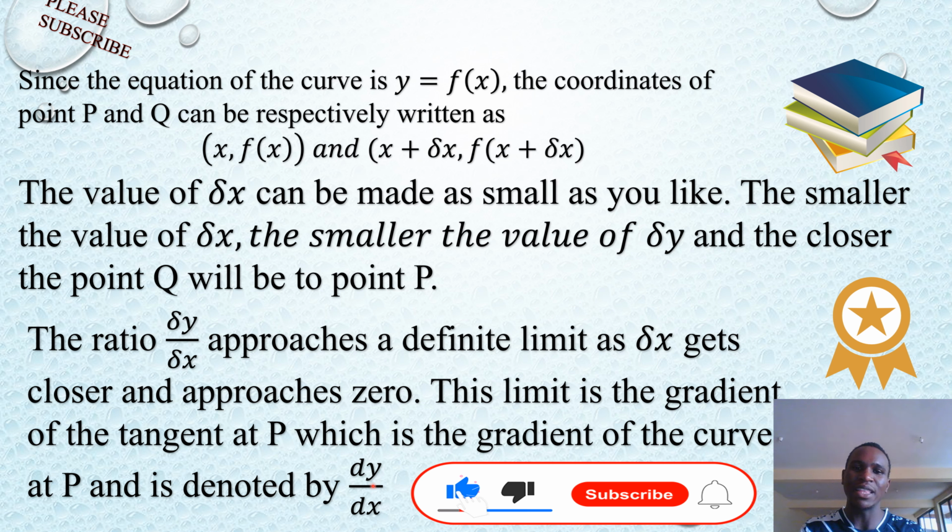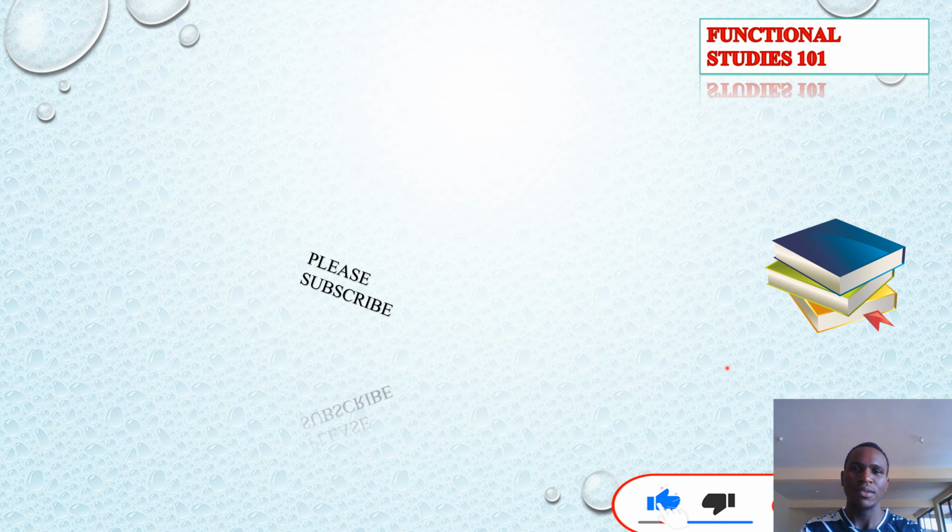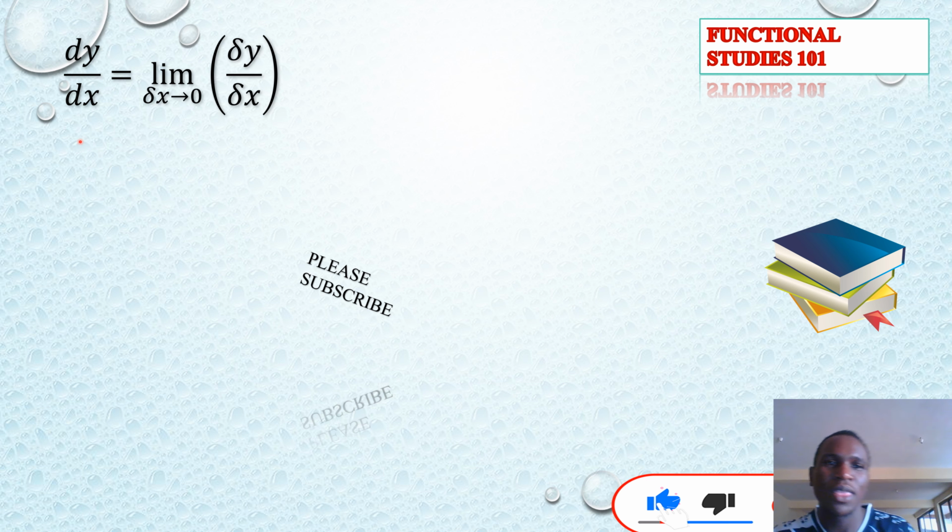So by definition, delta y on delta x is a limit as delta x tends to 0. As it approaches 0, this ratio will approach a finite value, and that finite value is the gradient of our curve, which is denoted by dy on dx. That's why it is red.